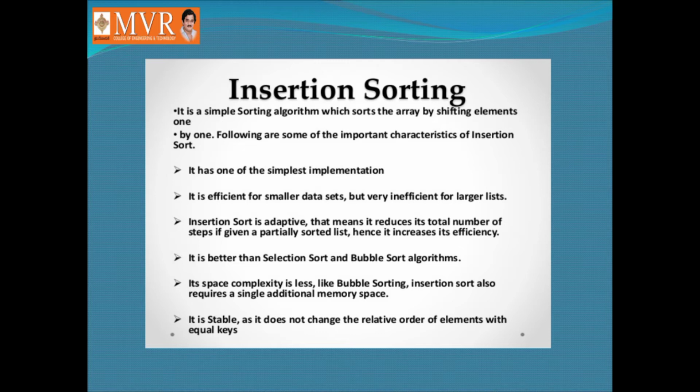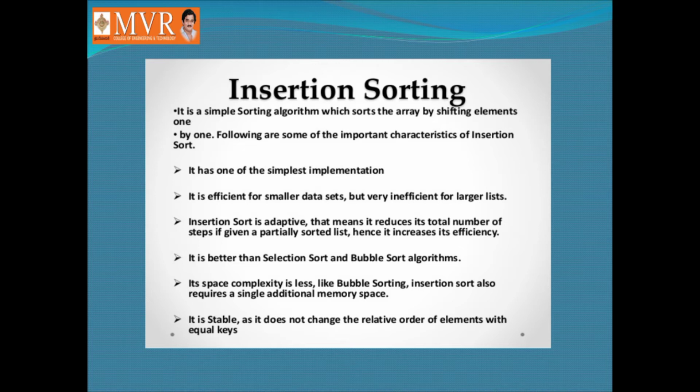Its space complexity is less, like the bubble sort. Insertion sort also requires only a single additional memory space. As you know, this is an internal sorting technique. What is an internal sorting technique? An internal sorting technique is one that uses only the main memory while sorting a list of elements.